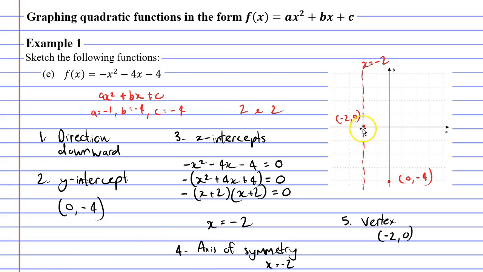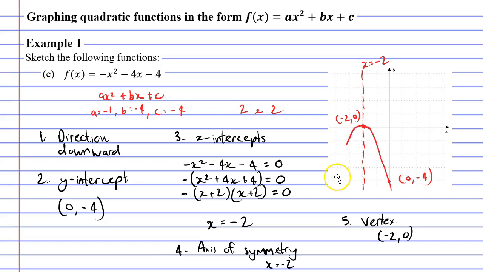So how do we draw a parabola with only 2 points? Well, we know that this point here is the turning point. This is the vertex. We also know that it's a downward facing parabola. So I know it's going to do something like this and come down.